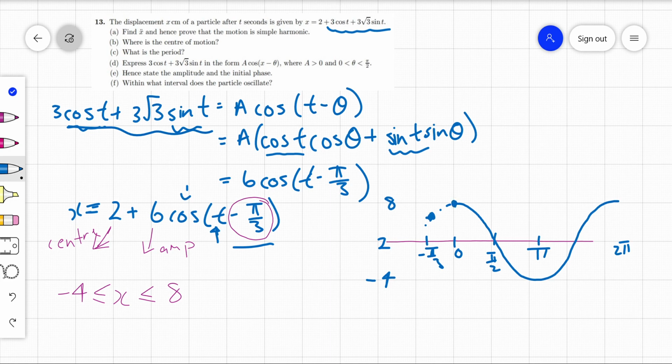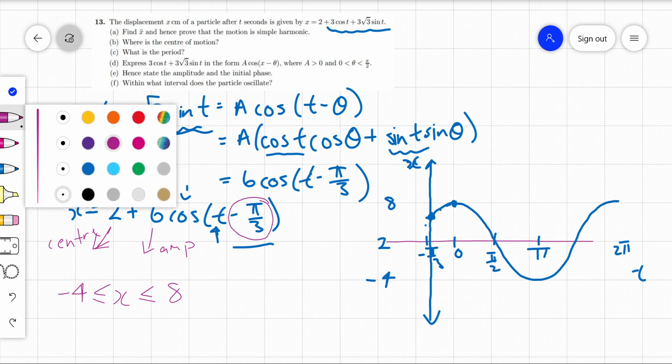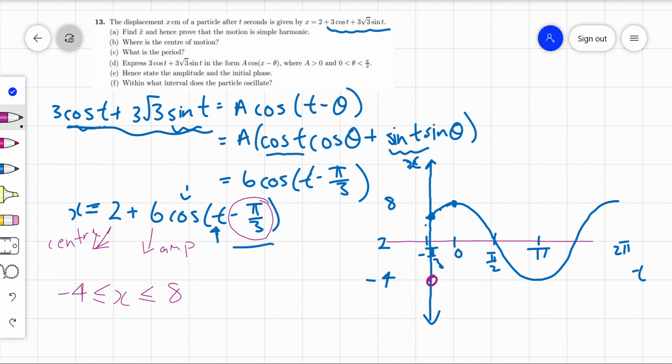So what you can do is put your y-axis in, or actually it's displacement, so that's x, and this is t, and then you can move everything along. This then becomes your time 0. You're just moving everything along by pi on 3, so this then becomes pi on 3, etc. So you can do it that way. Hope that helps.